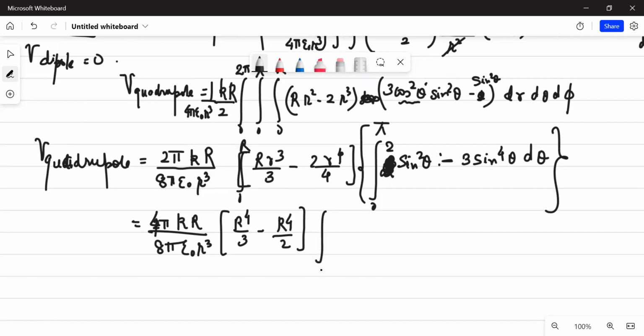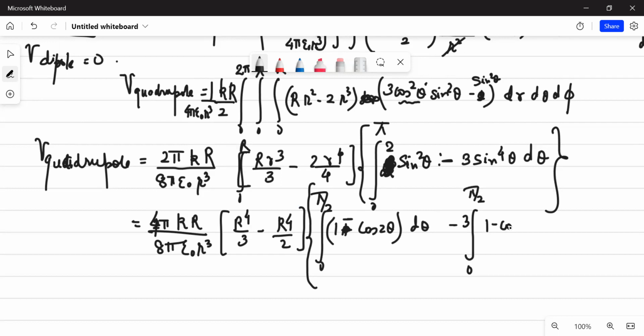This will be integration from 0 to pi by 2, and then you have 1 plus cos 2 theta, because 2 sin square theta is 1 minus cos 2 theta, sorry, 1 minus cos 2 theta would give you 2 sin square theta minus 3, here integration from 0 to pi by 2.